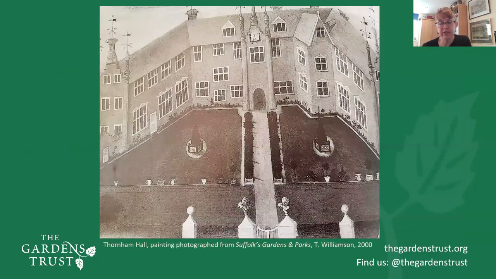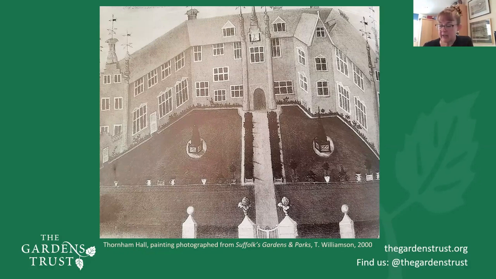However, in some ways, more useful to garden researchers are amateur paintings and sketches. So this is a painting like this one at Thornham Hall in Suffolk. It's perhaps more believable, and it looks like somebody has faithfully recorded everything they could see. The perspective is all over the place, so we wouldn't say they were an artist as such, but they have put all these lovely details in, like the pineapple finials on the gate piers, potted specimens along the top of the front wall.